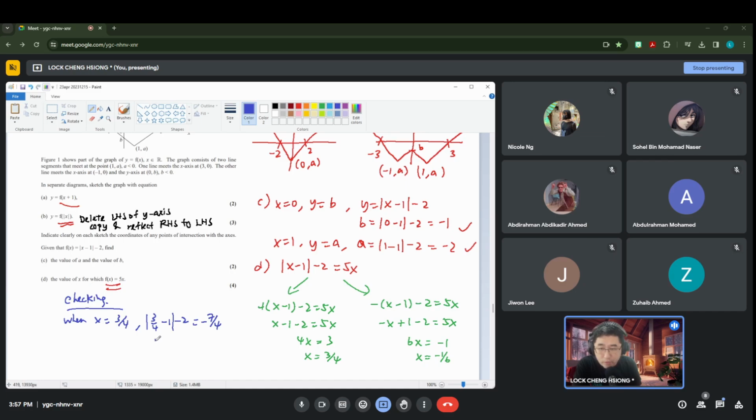For 5 of 3 over 4, oh sorry, there's a negative here, so this one also wrong.